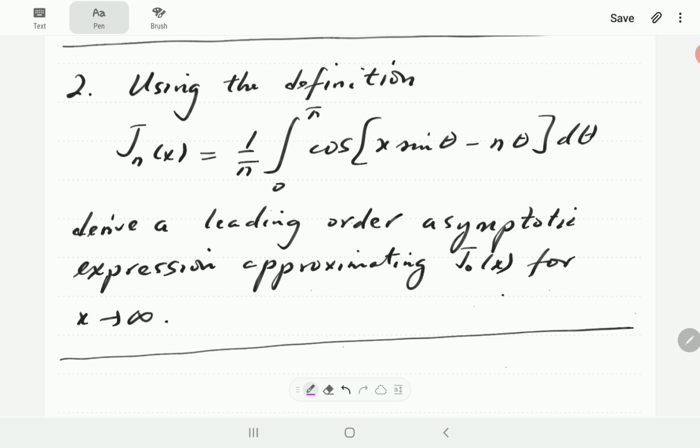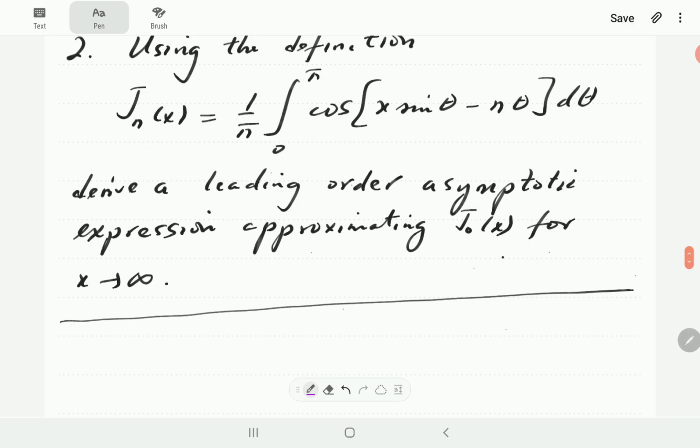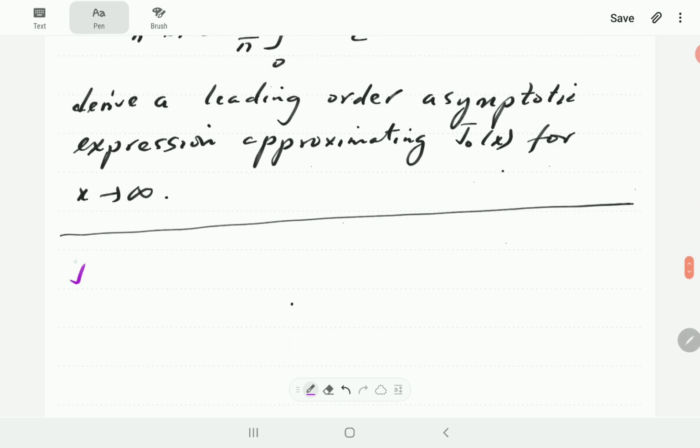Okay, so the first thing to do, let's just use this to write J naught. So all we're going to do is plug in 0 where there is n.